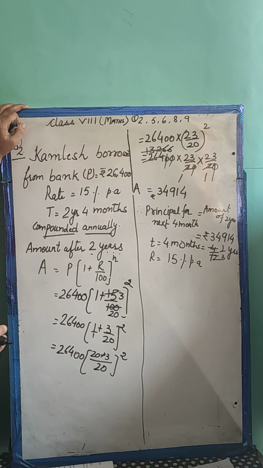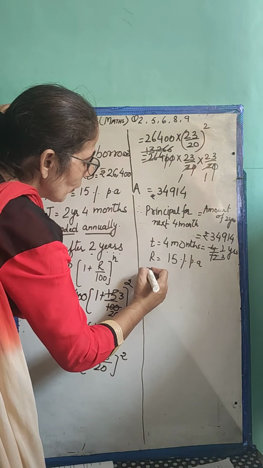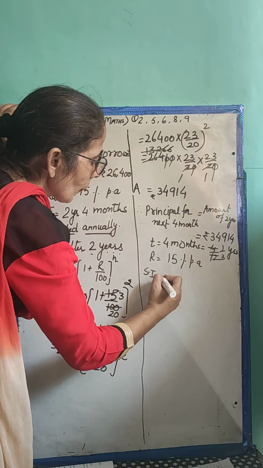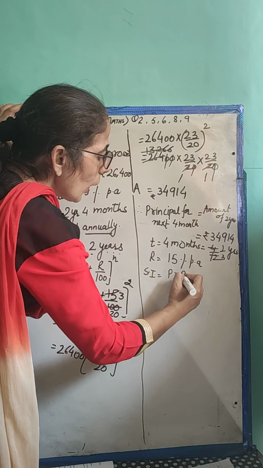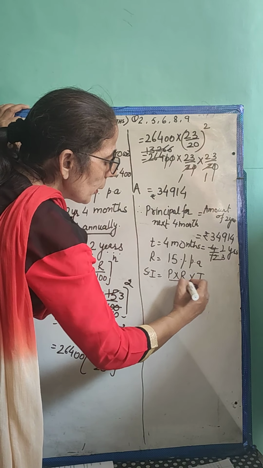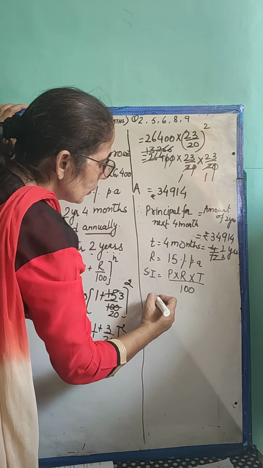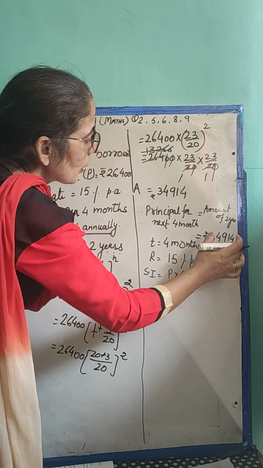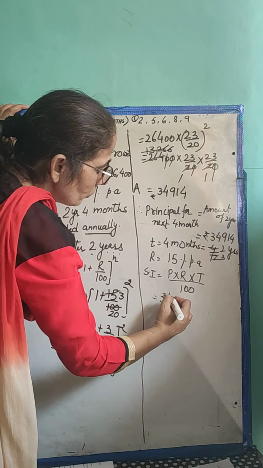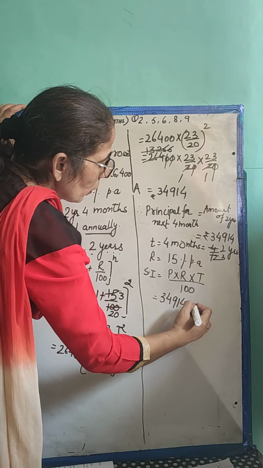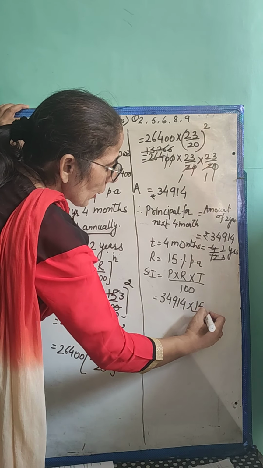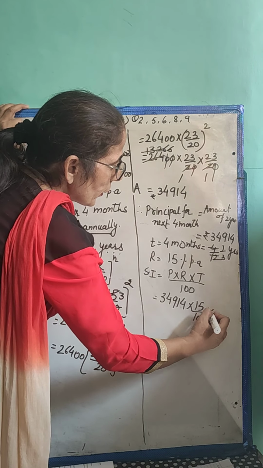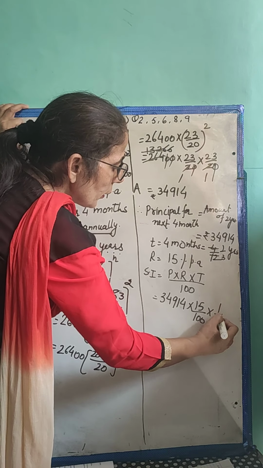I have taken the time in years. So I will get the simple interest P into R into T by 100. So P is 34,914, rate is 15% and time is 1 by 3.